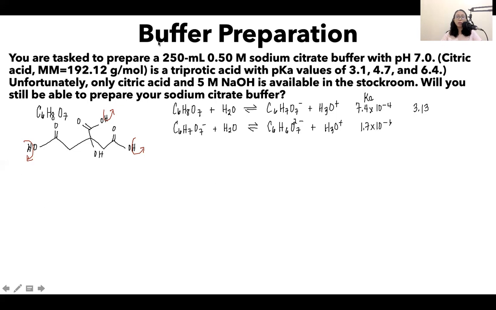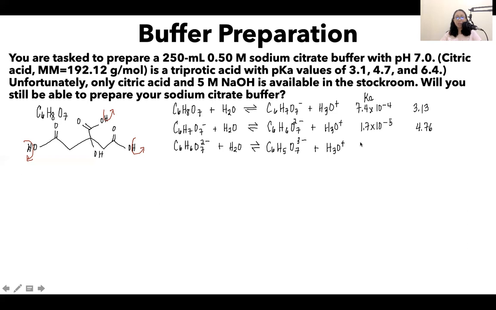And if you compute for the pKa for the second dissociation, this is equal to 4.76. And finally, for the third dissociation, so we have C6H5O7 3 minus, plus hydronium ion.